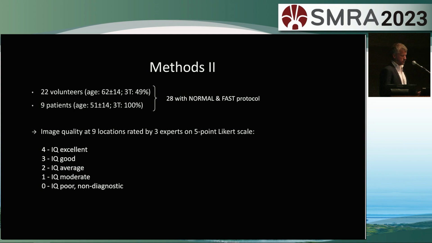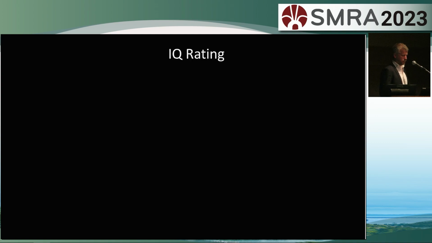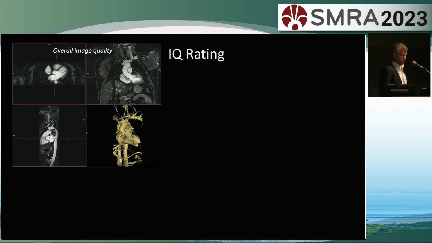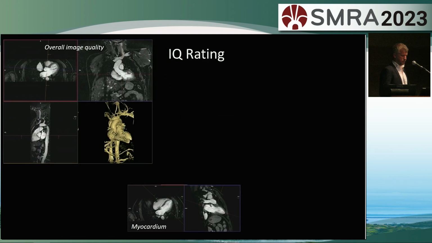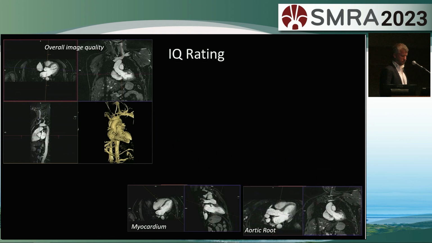All the images were then rated by 3 experts, excluding myself, on a 5-point scale you can see here. To give you an overview of what was rated: first of all, the overall image quality, then the myocardium and the aortic root.